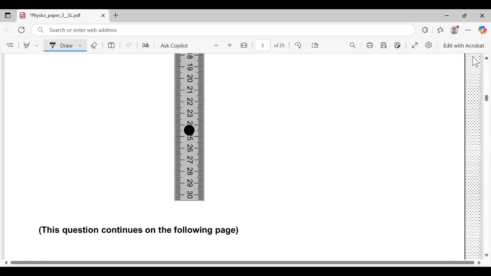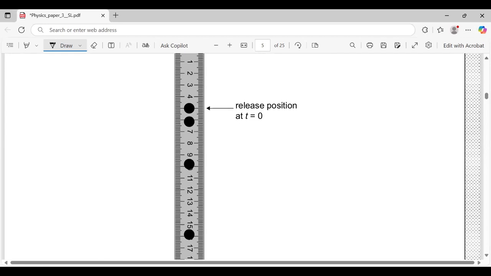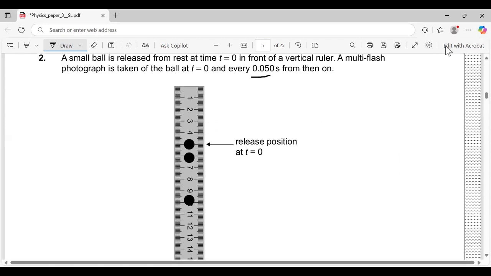When you look at this ruler, this point is when t equals 0. The second is when t equals 0.050, and this one is when t equals 2 times 0.050, and so on.